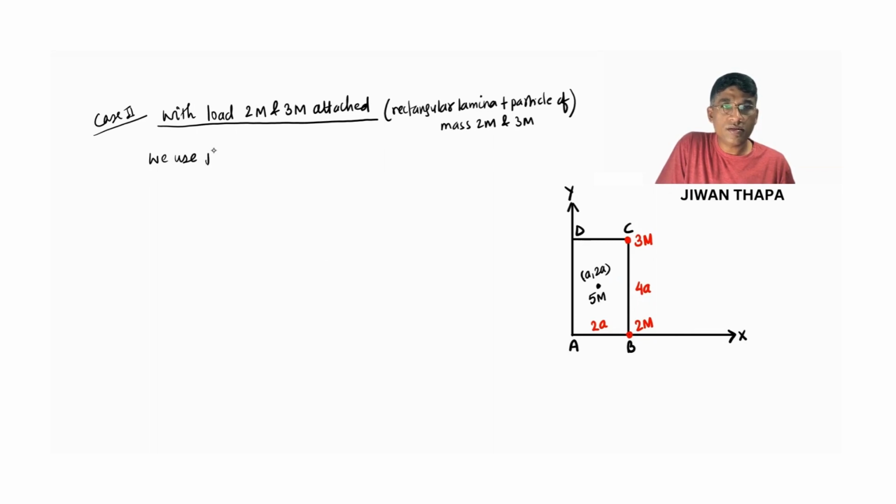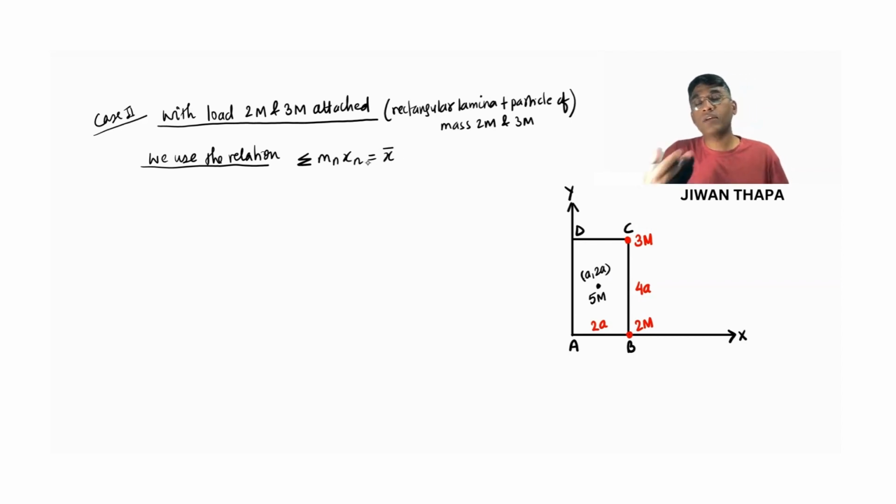Since we have x and y axes, we use this relation: summation mn xn equals x bar, the x coordinate of center of mass, times summation mn.